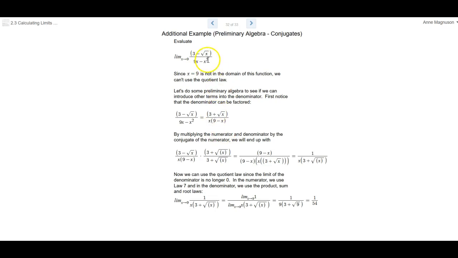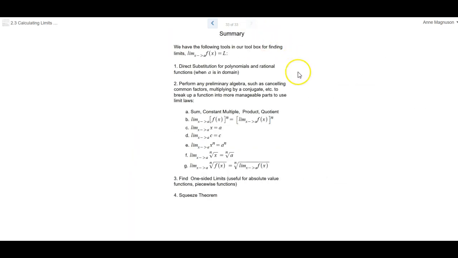But if I multiply the numerator and denominator by the conjugate of the numerator, then notice that I get a common factor that cancels, and now this denominator does not have a limit of 0. Take a look at that a little bit more closely.